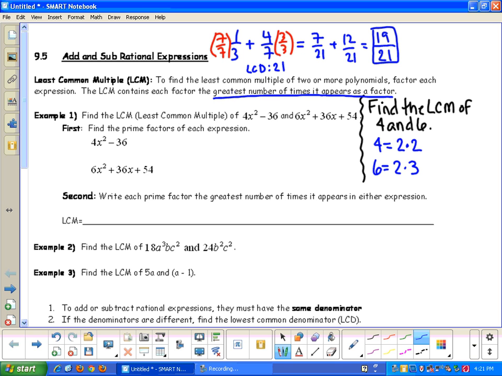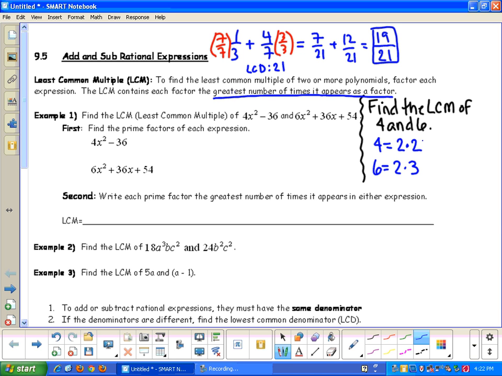Again, the least common multiple contains each factor the greatest number of times it appears in each of them. So in this case, the greatest number of times that 2 appears in either of the two would be twice because we have 2 of them in 4.